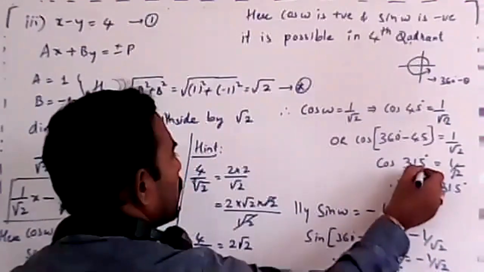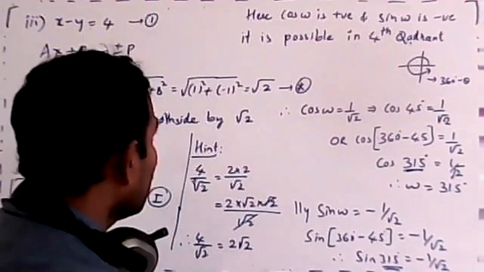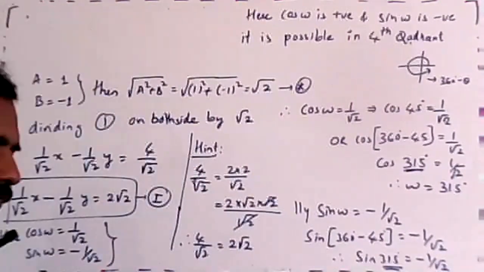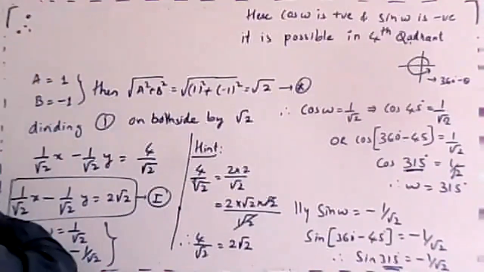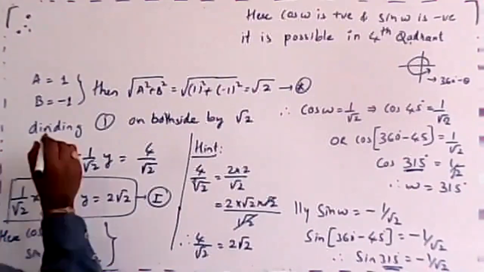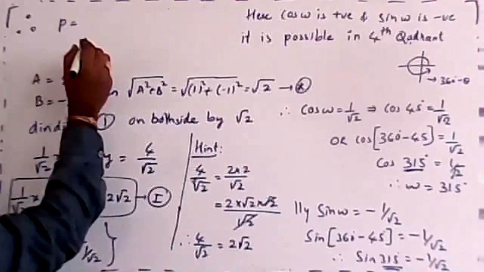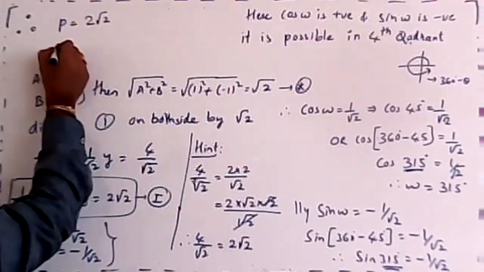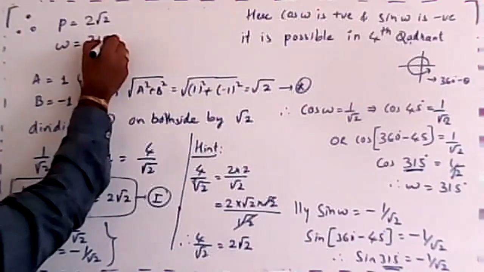Both sides we got 315. Therefore, P is equal to 2 root 2 and omega is equal to 315 degree.